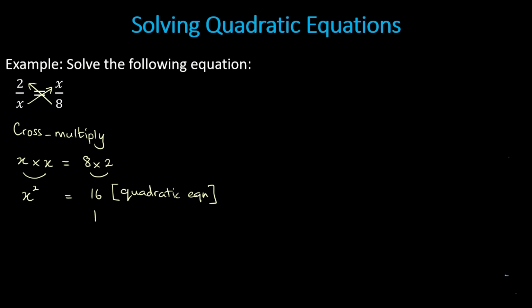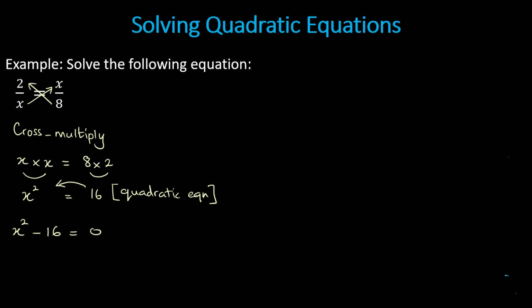By simply making the right hand side become 0. Then we use factorization. Okay, let's do it. So I will send the positive 16 on the left to obtain x squared minus 16 equals 0.